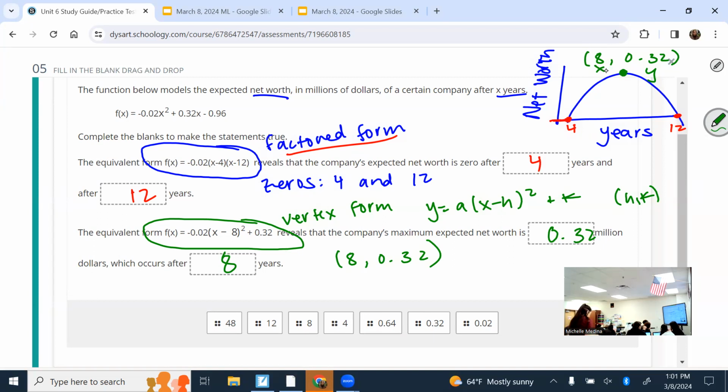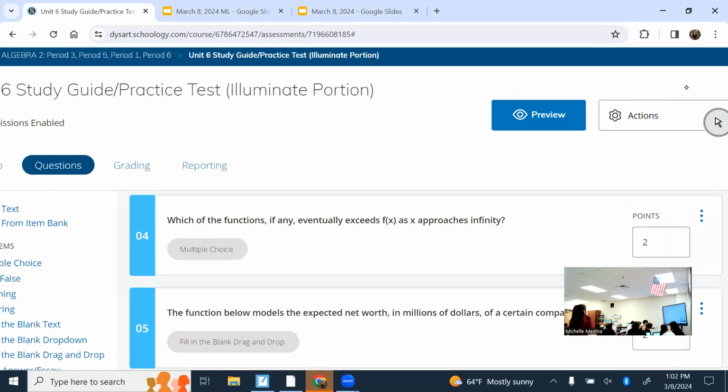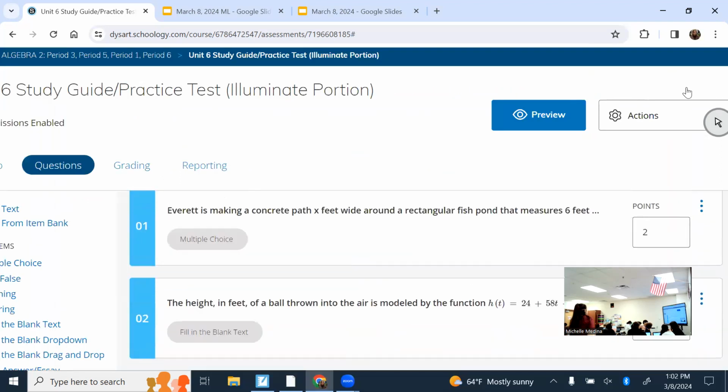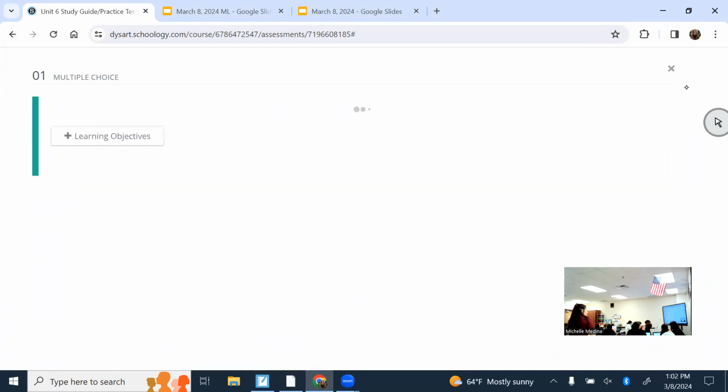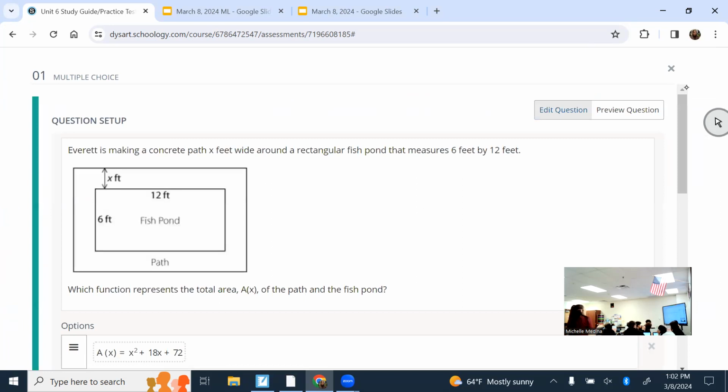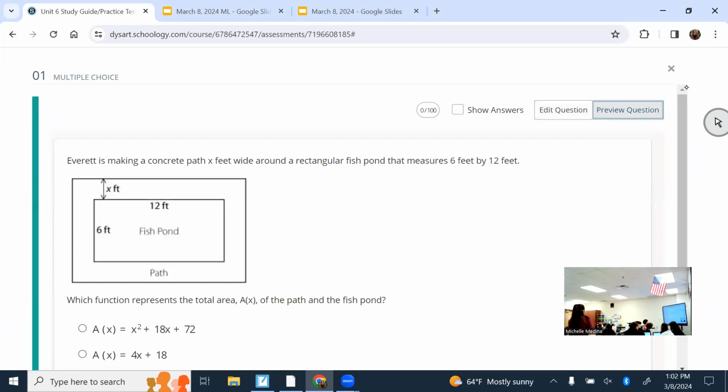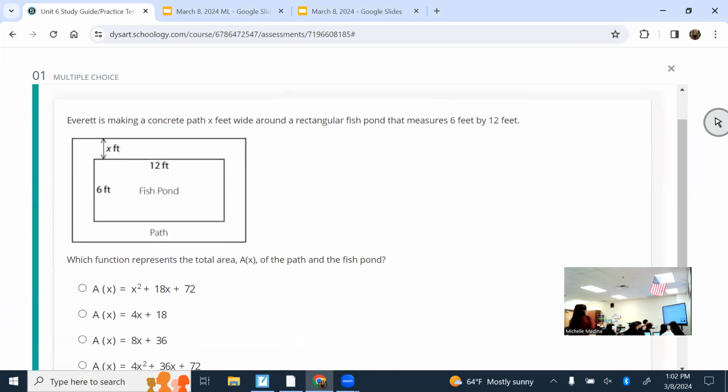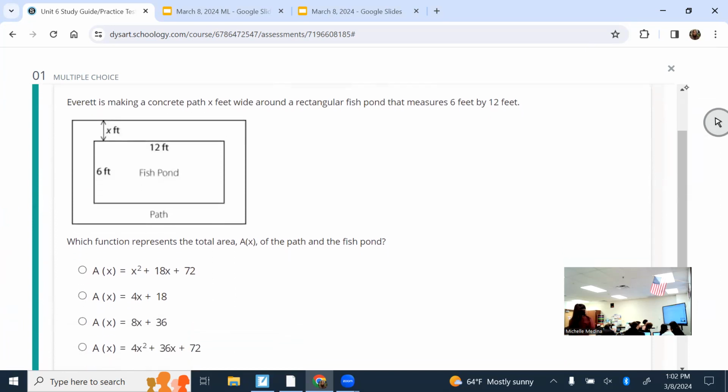Yosina? Number 1 on which one? Like the online one? Yeah. Okay. So, number 1. Everett is making a concrete path x feet wide around a rectangular fish pond that measures 6 by 12. So the entire rectangular path all the way around is x feet wide.